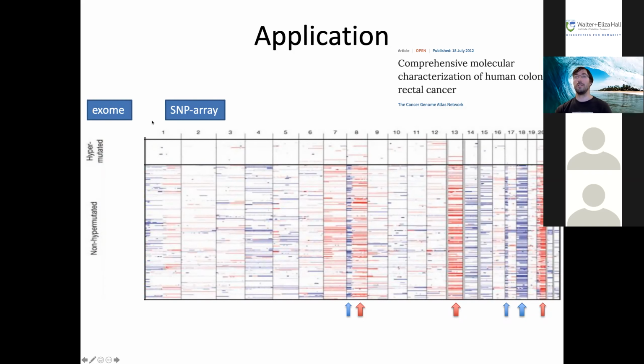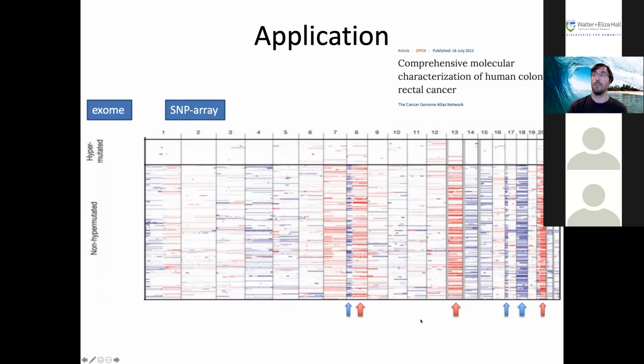They then saw on the copy numbers called from the SNP arrays that the hypermutated samples have a very quiet copy number profile. There are not many copy number changes going on. However, all of the other samples, the non-hypermutated, have much busier copy number profiles, and you also see many recurrent sites here, like chromosome 8, chromosome 13, the split 3 probably, the TP53 at the start of chromosome 17, and so on.